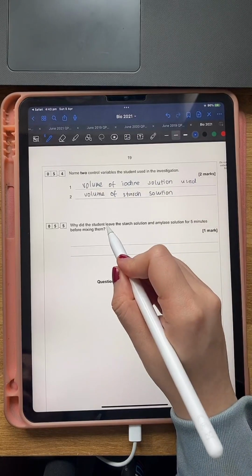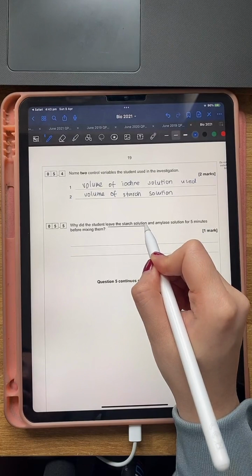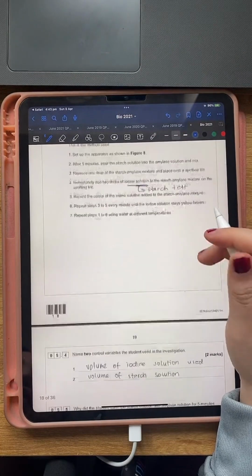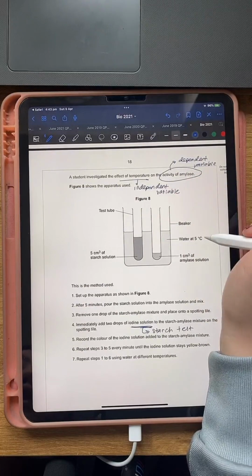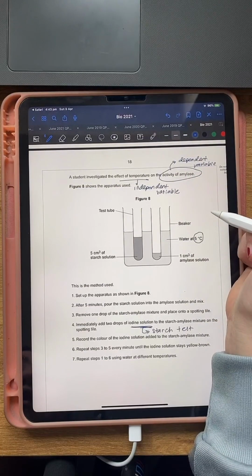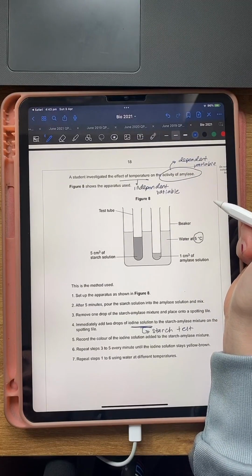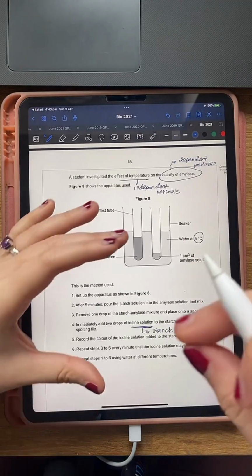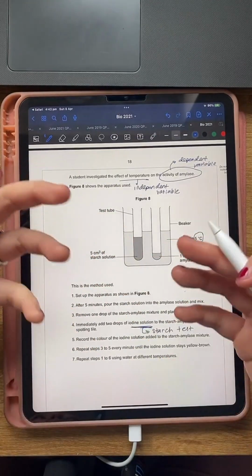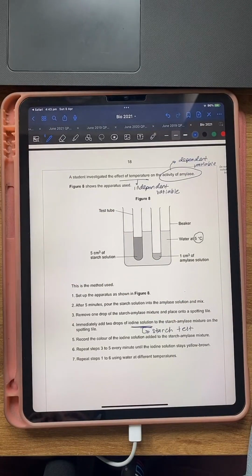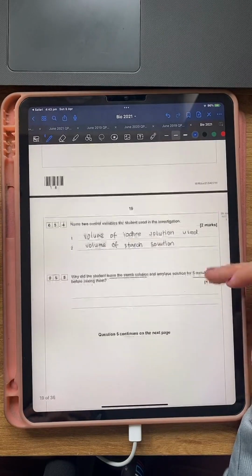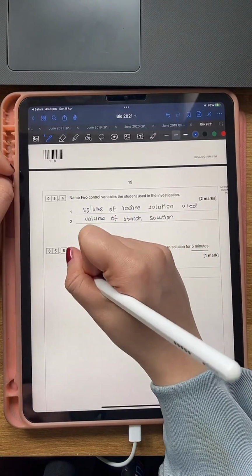But when you put something in water, it doesn't immediately change that temperature to what you want. It takes some time. And that's why you leave it for 5 minutes to allow both solutions to reach 5 degrees Celsius. This is called a water bath.